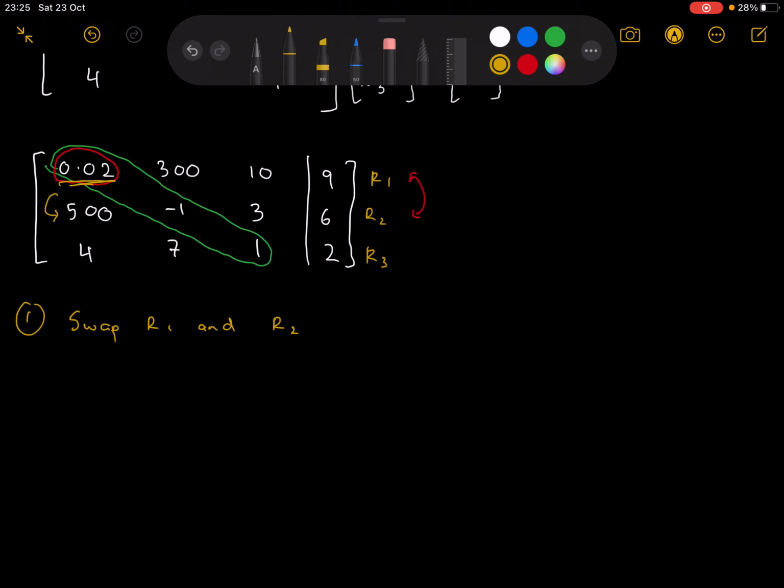When we swap the whole row, this one will go here, this one will go here, and then this value will go on the first row, this value will go on the first row, same goes to this one.